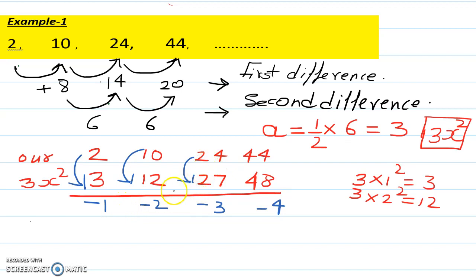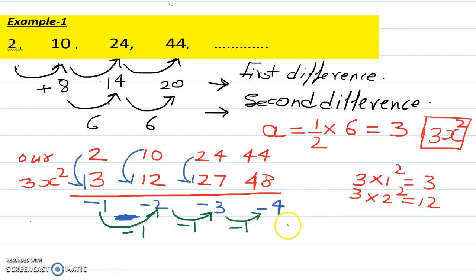Now you need to think here, this is really important. How can we get minus 2 from minus 1? Definitely the answer is minus 1. Minus 1 and minus 1 is minus 2. How can you get minus 3 from minus 2? Again minus 1. Similarly, this is also minus 1.